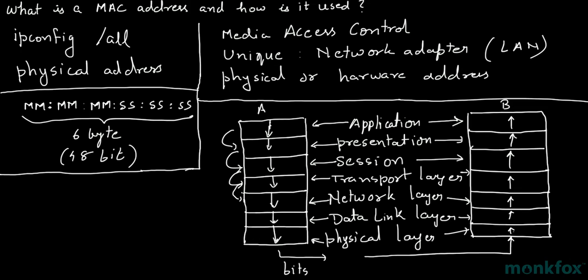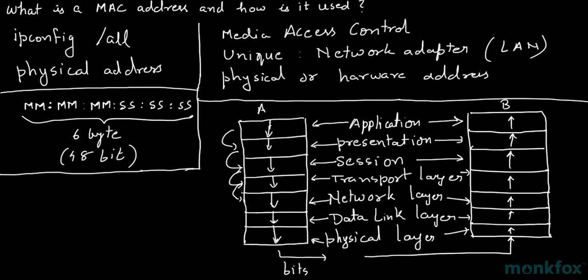For example, at the physical layer, the bits are received. At the data link layer, the layer which was wrapped by the data link is removed, read, and the remainder is passed on, because beneath the data link layer was the network layer data. The network layer reads its data, removes the wrapper, and passes the remainder to the transport layer.